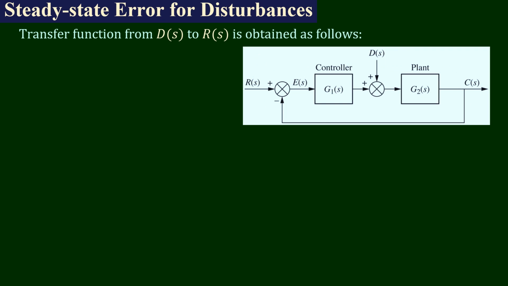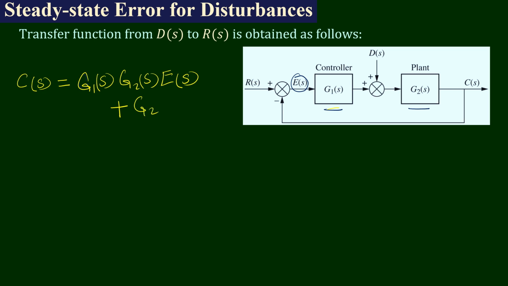To do this, first I can write that C(s) is equal to G1(s) G2(s) into E(s), plus G2(s) into D(s).